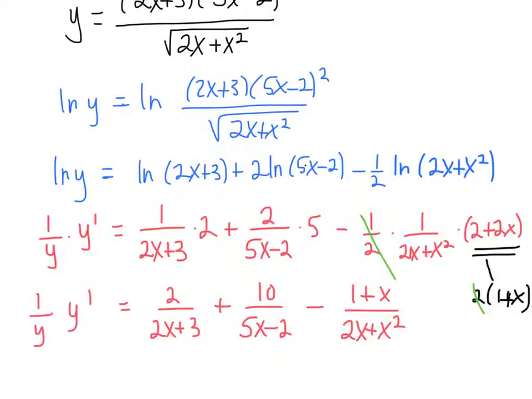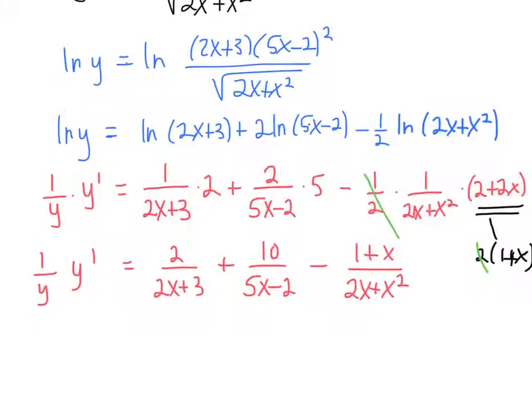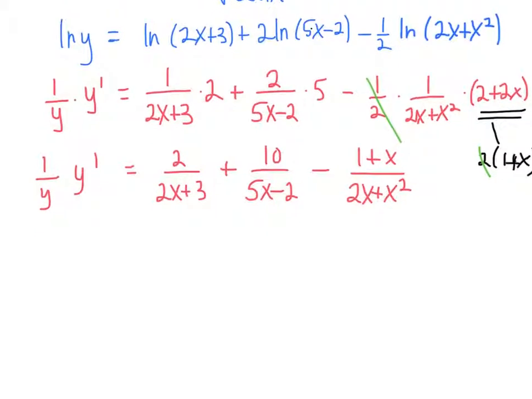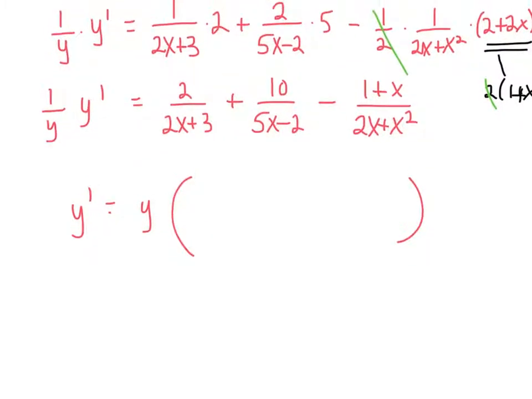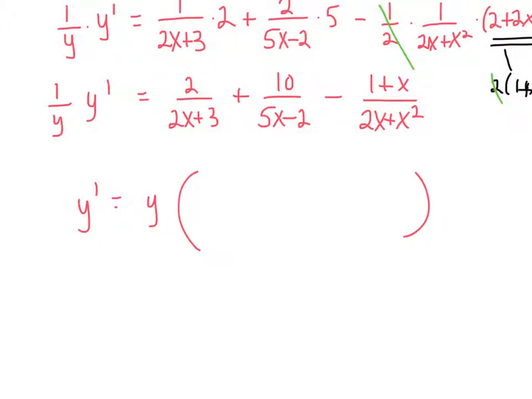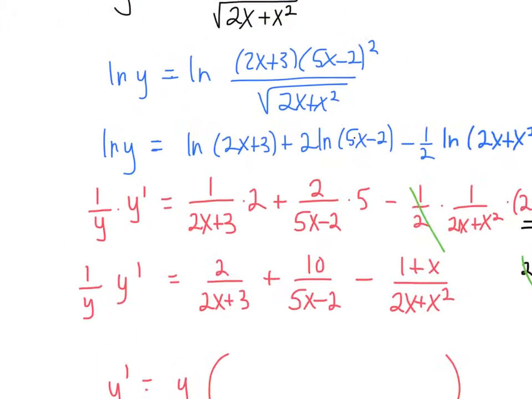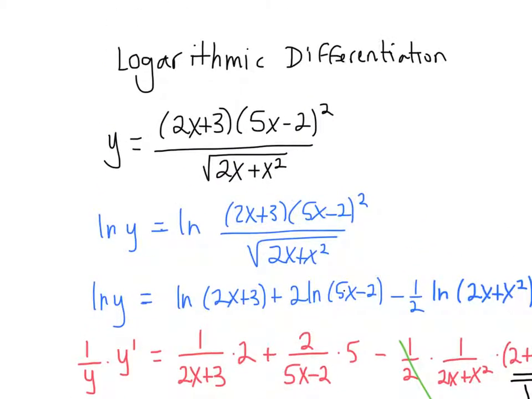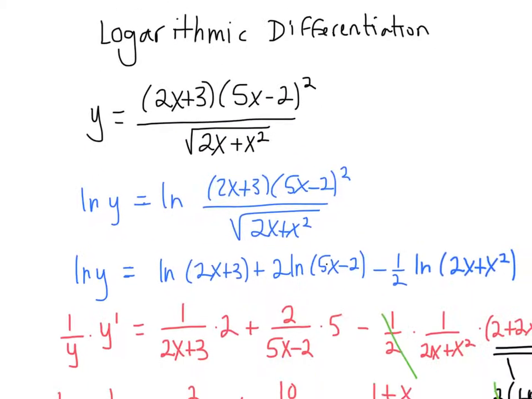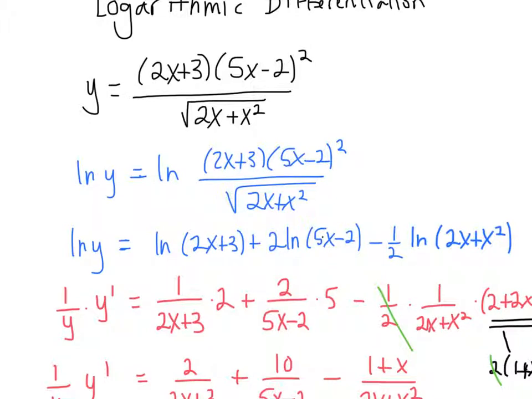Okay, and we're trying to find the derivative, so we need to solve for y prime. So y prime is equal to y times this whole mess up here. And I'll write it in just a second. So y prime is equal to our original, which the original is way up here. See if I can grab it.